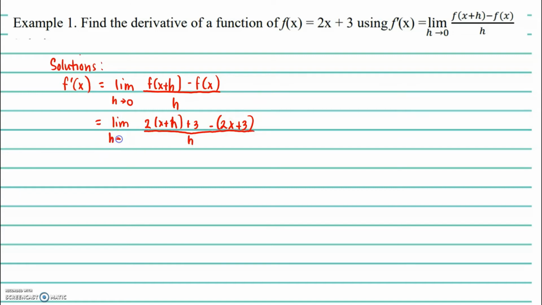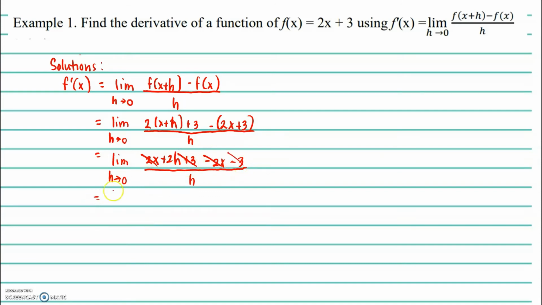As h approaches 0, distribute 2, so you have the limit of 2x plus 2h plus 3 minus 2x minus 3 all over h as h approaches 0. Now combine like terms, so we can cancel out 2x and negative 2x, 3 and negative 3.